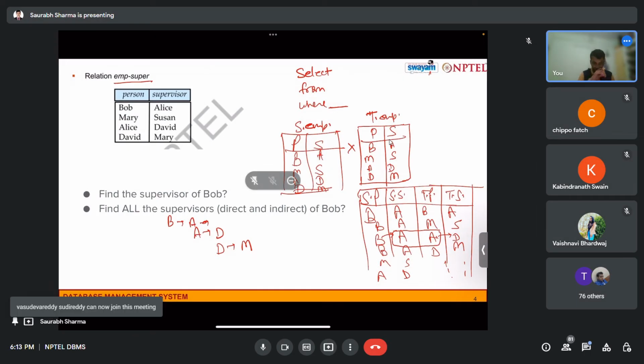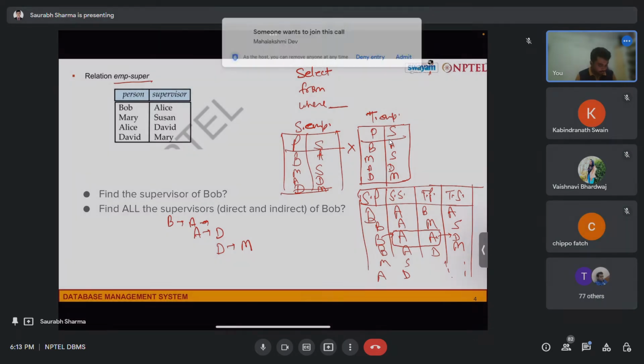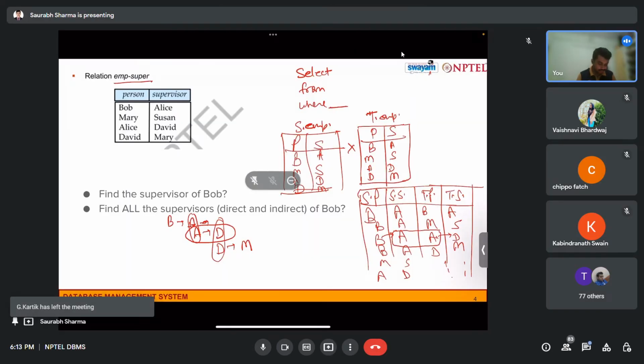So if s dot supervisor is equal to t dot person, then only we can get t dot supervisor. So we will get A, then from there we will get D, then we will match D with this, and we will get M.